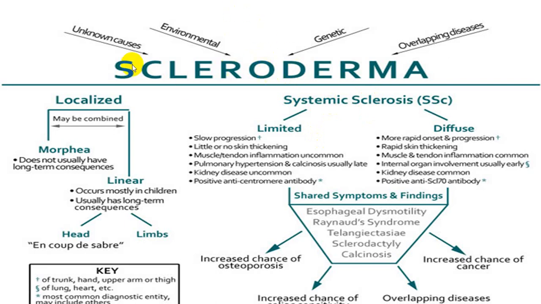So scleroderma, very commonly, etiology is not known. There are some environmental factors, there is a genetic factor, and there may be overlapping disease like rheumatoid arthritis, SLE, or even polymyositis. You can have a localized variety like morphea or linear variety, and systemic sclerosis, which can be limited or diffuse variety.